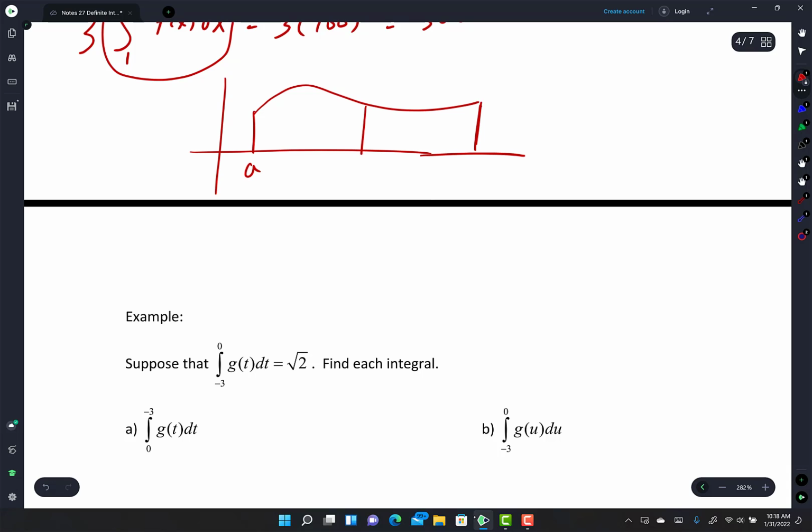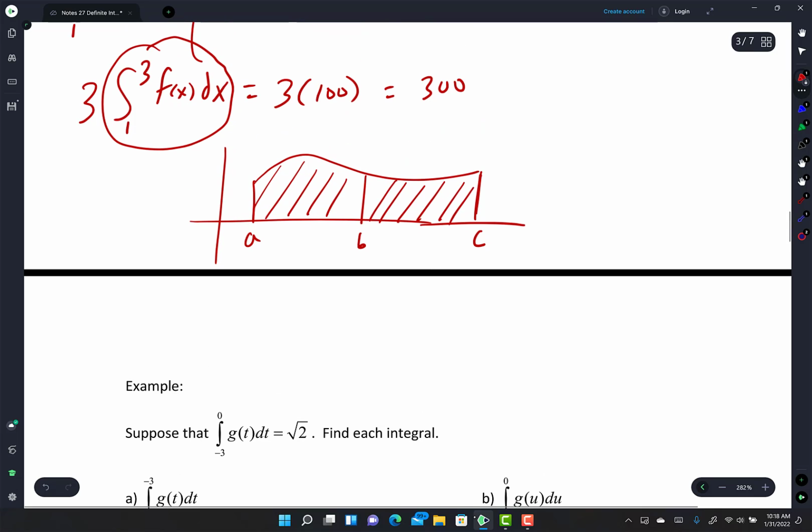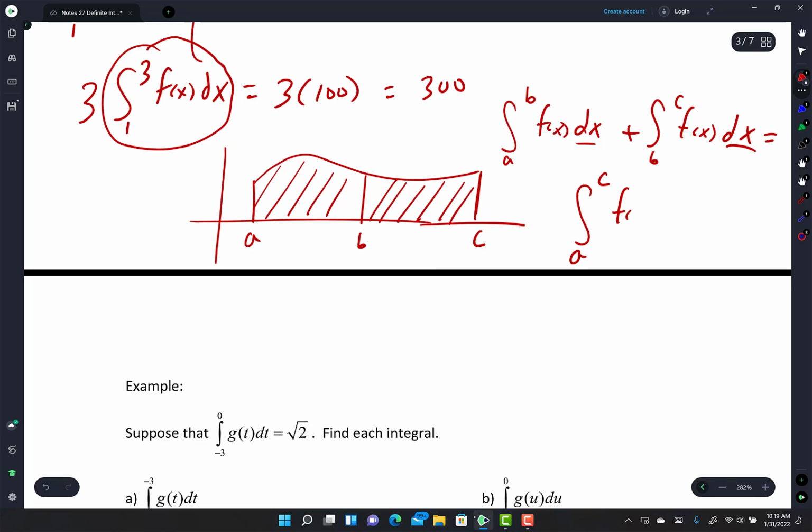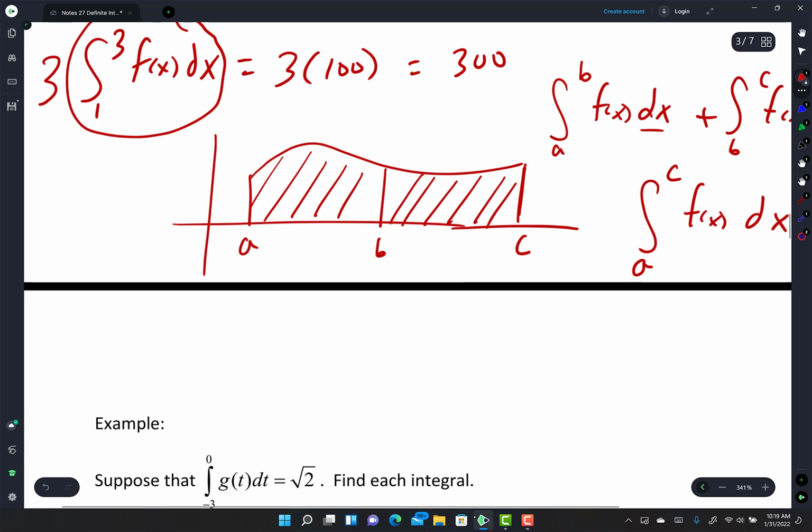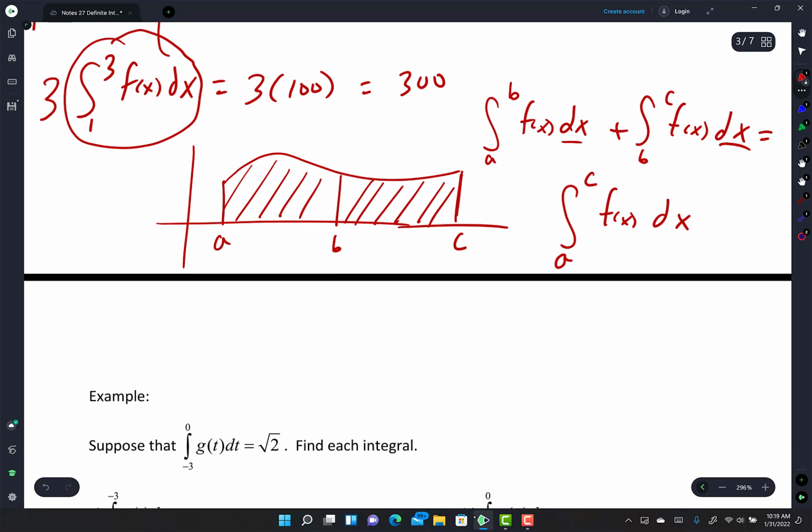We're going to call this A, I'm going to call this B, I'm going to call that C. Do you guys agree that the area under the curve, A to B of f of x, and where this one stops, the other one begins, B to C of f of x, notice that I put dx on both, all that is the same as writing one integral from A to C of that function? That's all it means. Where one stops, the other one begins. Cool or not cool, guys? And don't worry, we're going to do an example of all these situations.